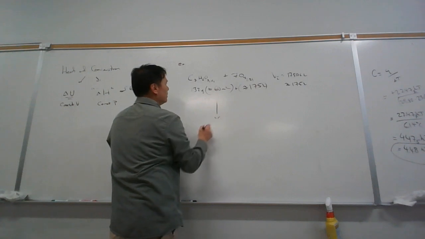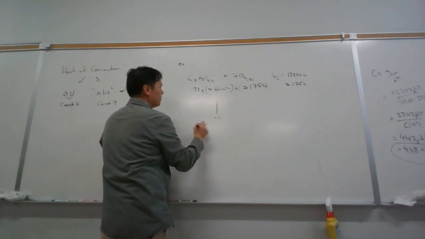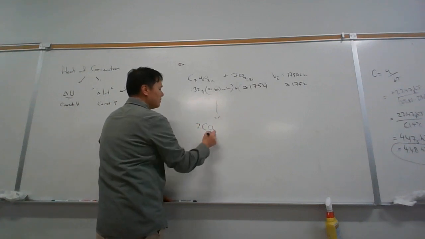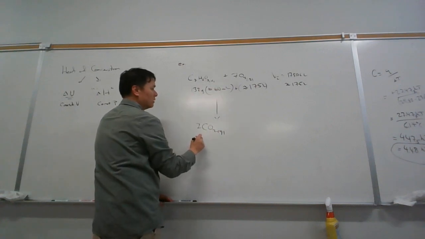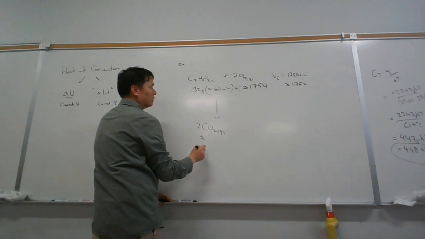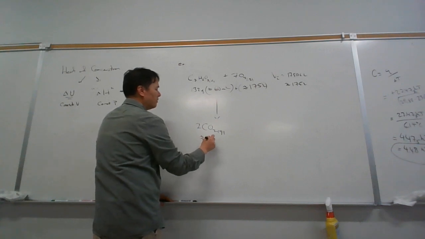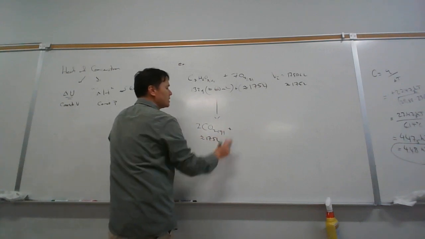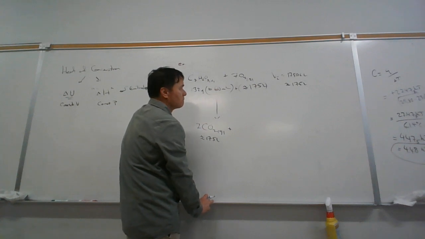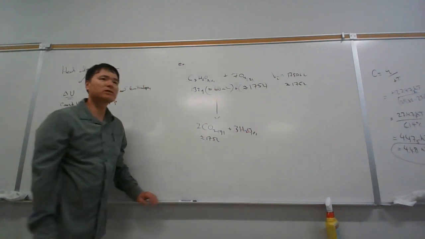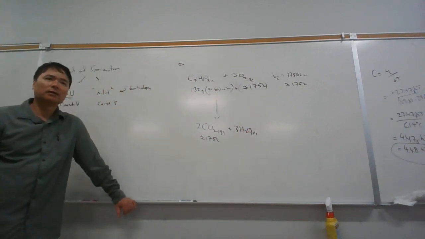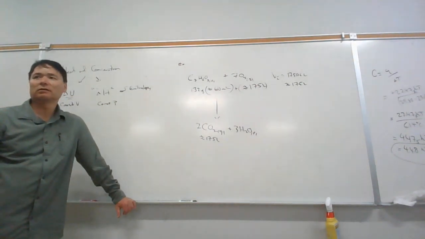Okay, this is going to go to CO2. I'm going to have 7 CO2s. 7 CO2 gases is going to be about how many liters? 175 liters. Plus 3 moles of H2O liquid. 3 moles of H2O liquid is going to be about how many milliliters?